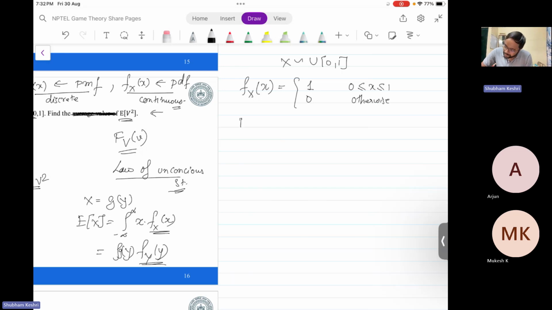So the integration of f of x is the distribution function, and this is the density function.